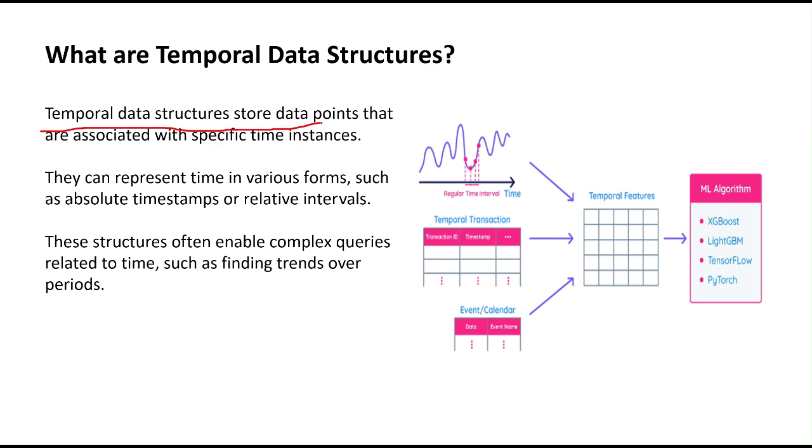Now, let us discuss what temporal data structures are. Temporal data structures store data points that are associated with specific time instances. They can be represented in various forms such as absolute timestamps or relative intervals. Absolute timestamps means there will be particular timings from this interval to this interval.